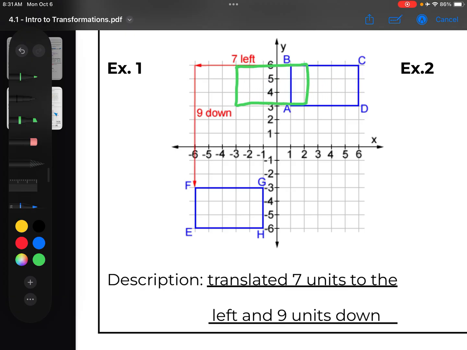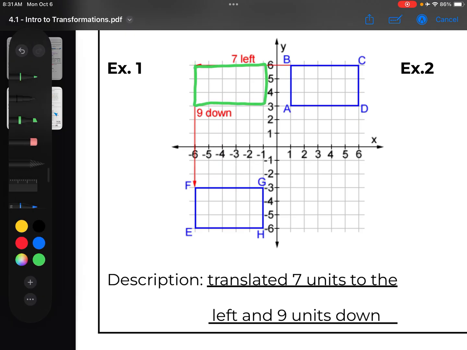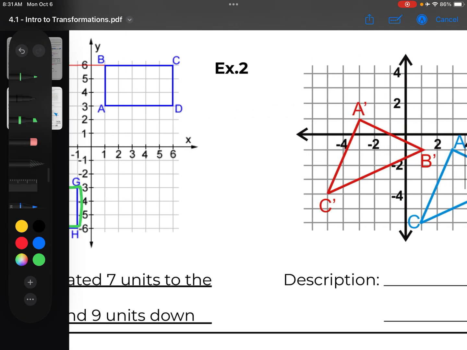So 1, 2, 3, 4, 5, 6, 7. And then it is translated down 9 units. 1, 2, 3, 4, 5, 6, 7, 8, 9. So that is a slide or a translation. It's translated 7 units to the left and 9 units down.